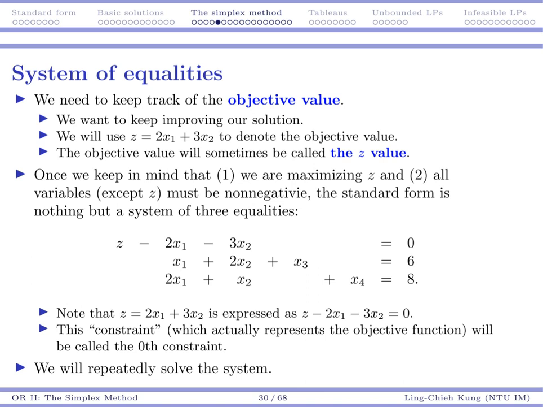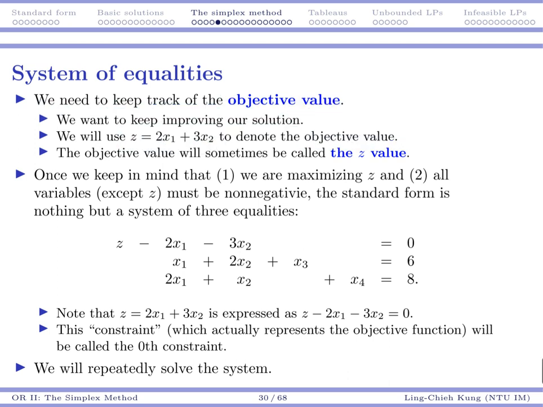And now we know we need to keep track of the objective value, because whenever we say we improve, that means our objective value is increased or decreased according to the objective function. So we want to keep improving. So let's say we use z to be 2x1 plus 3x2 to denote our objective value.